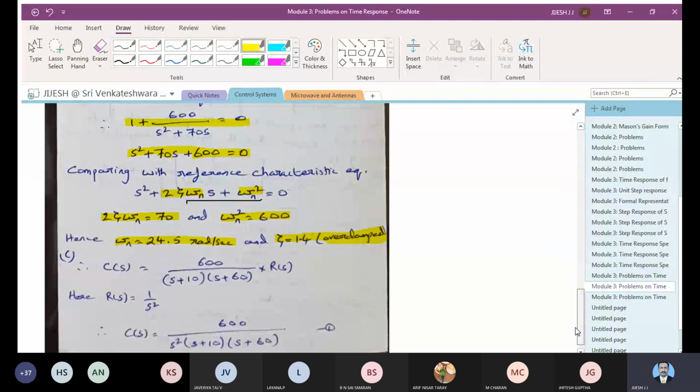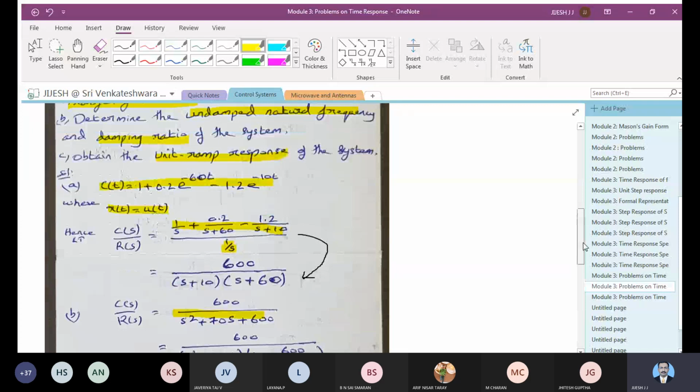So you'll get equation number 1, that is C of s is equal to 600 divided by s square into s plus 10 into s plus 60. Now by using this equation, you need to do it further.